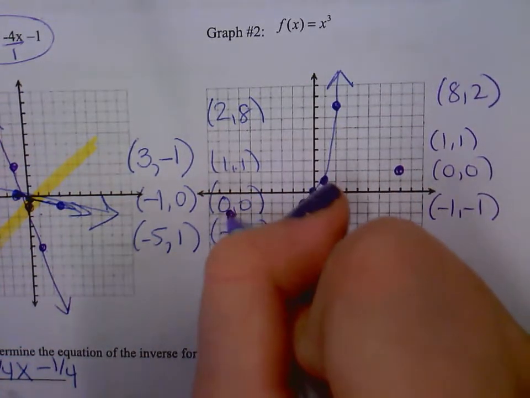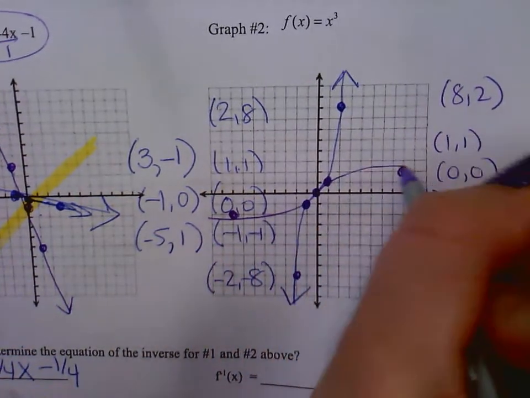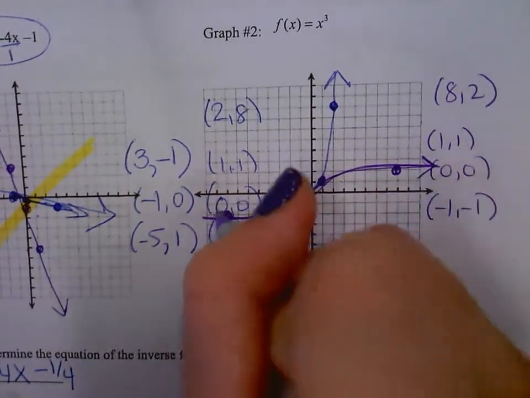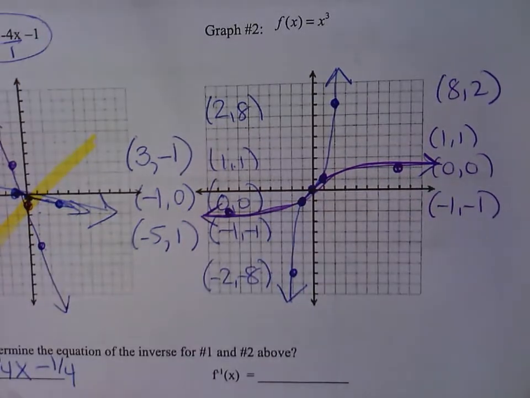My purple dots are lying sideways, but they go through those same 3 points at the origin. Does anyone recognize this function? This one was cubic, x cubed. Its inverse is, what's the inverse of x cubed? If you were going to undo x cubed, what would you have to do?